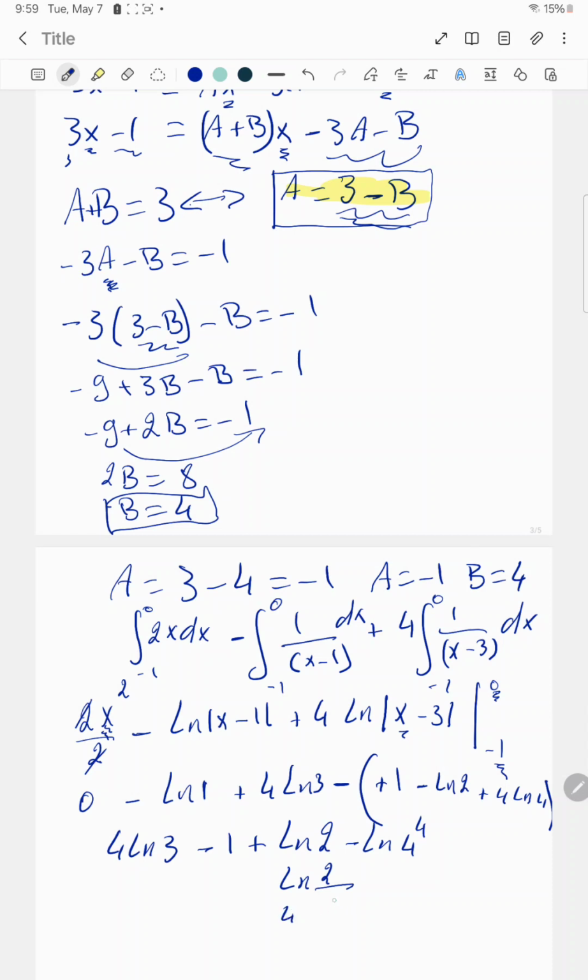That's the answer. You can do it on your calculator: ln of 3 multiplied by 4, minus 1 plus ln of 2, minus 4 times ln of 4.